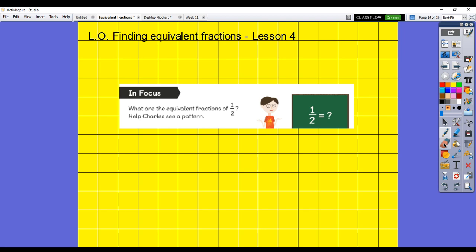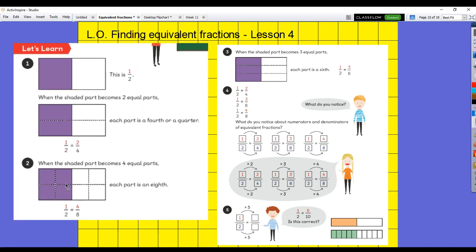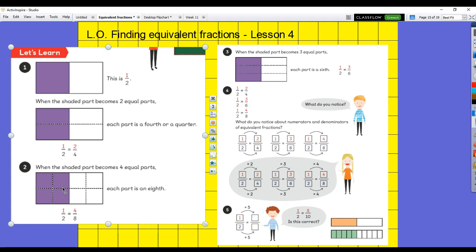So, what are the equivalent fractions of 1/2? Help Charles see a pattern. Okay, so let's learn. This is 1/2. When the shaded part becomes 2 equal parts, each part is a fourth or a quarter. So we know, like we've been doing, 1/2 can be split into 2 quarters.